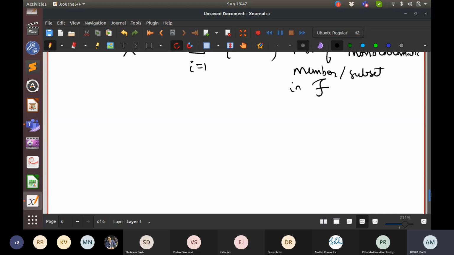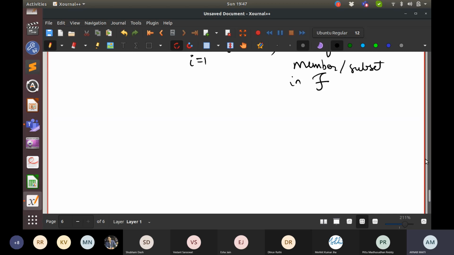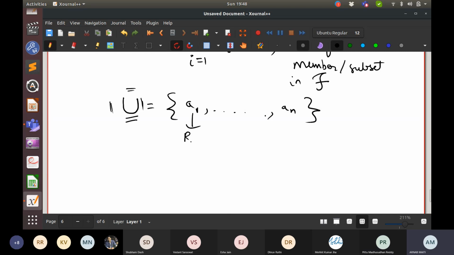Fine. So now how do we define the probability space? It's pretty simple. You have these elements in this U. Each element you color with red with probability half and with blue with probability half.